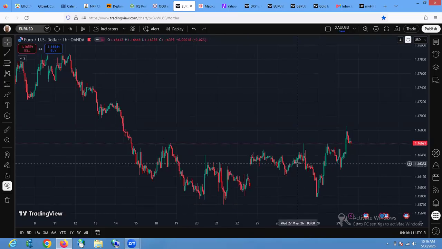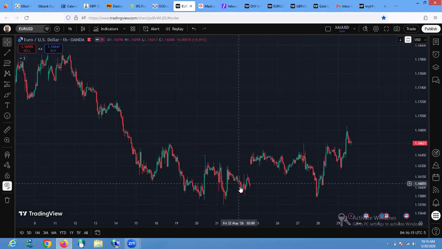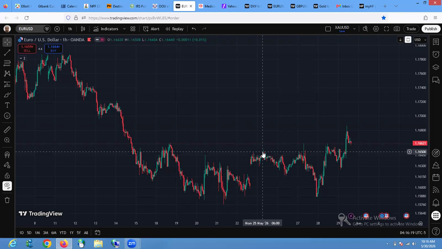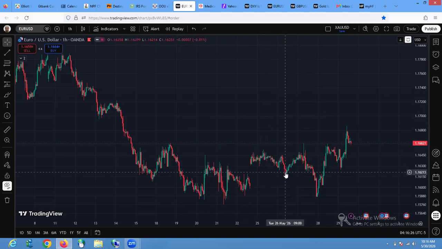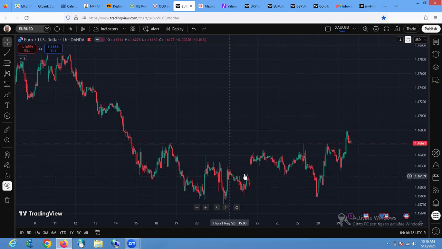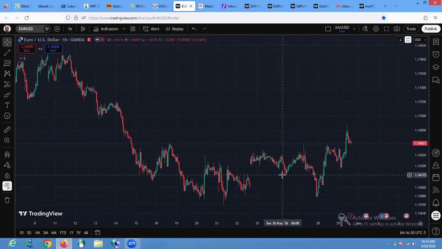Like wave 1 can be a diagonal too. So we saw 1, 2, 3 here, 4 here, and 5 here. So it's a diagonal. You can see that with 4 here, it's encroaching on the territory of wave 1.